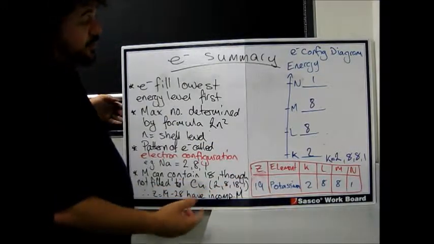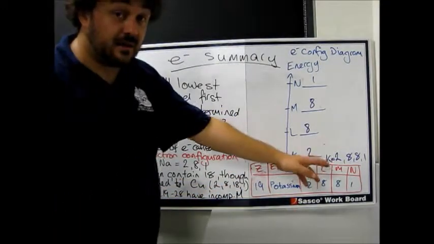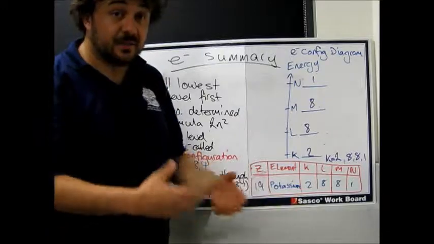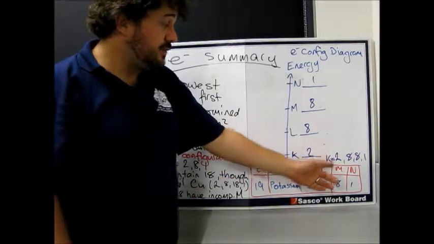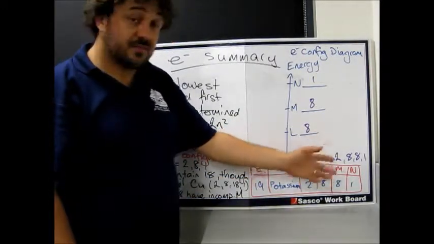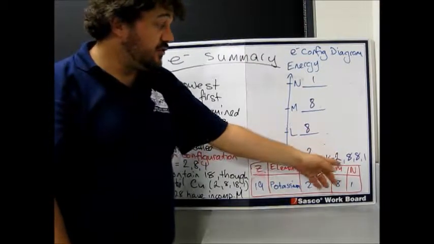The very simple way to write this is, in this case, K equals potassium, so that's the elemental symbol. Potassium, the electron configuration, know that phrase, is 2, 8, 8, 1.